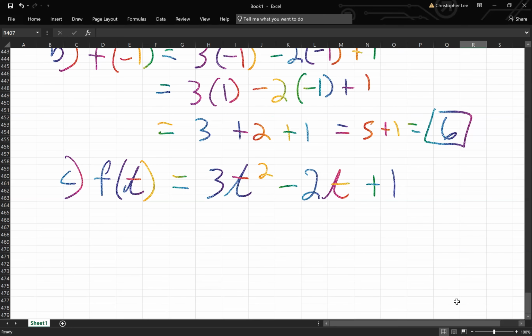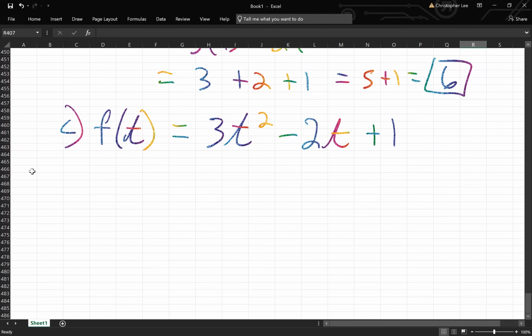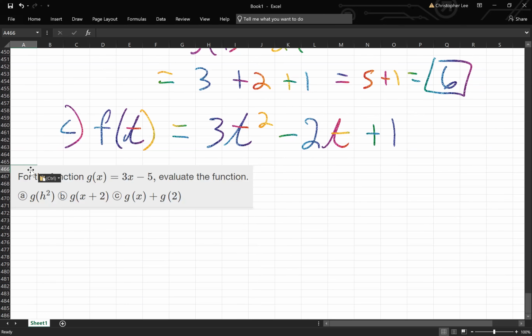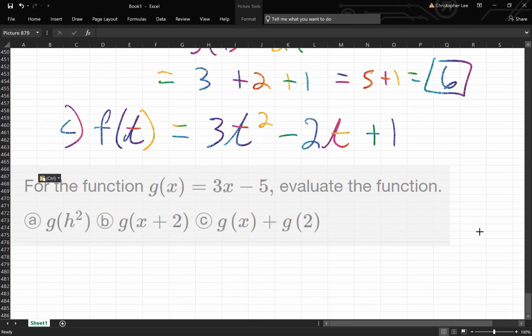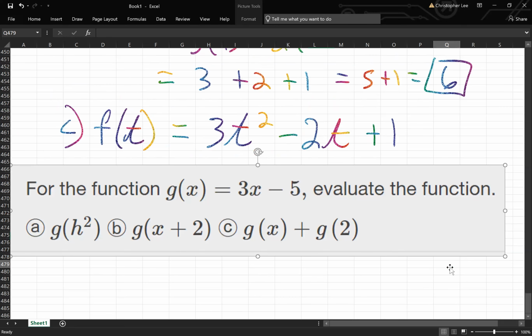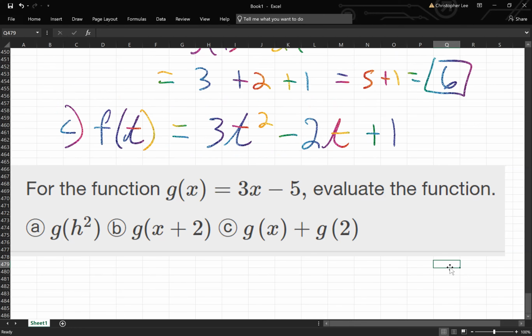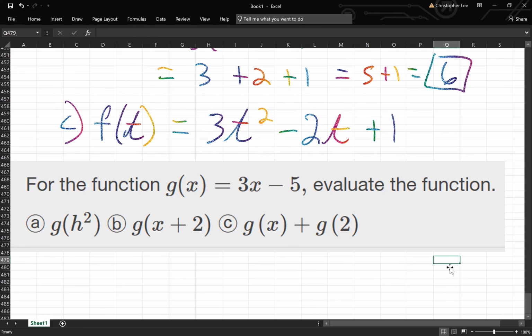So let's look at another example real quick. Light work, right? So now I got another function here. This is g of x is equal to 3x minus 5, and I want to evaluate the function. Easy.